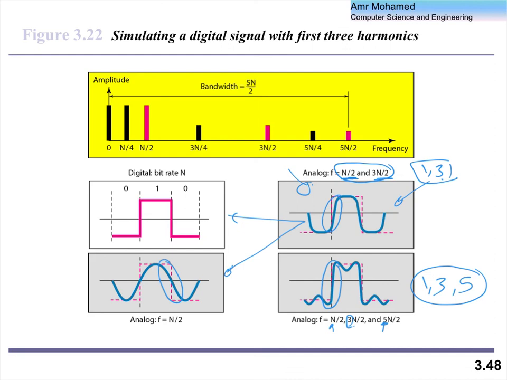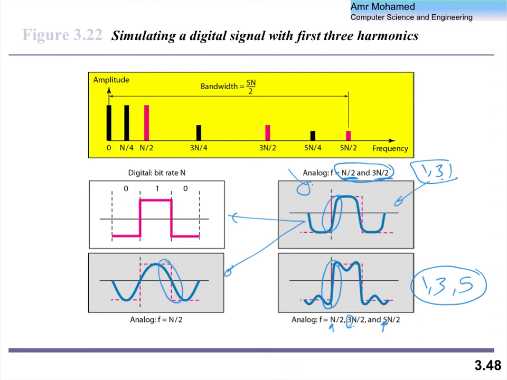If we use three harmonics, the approximation will be more accurate. It's still an approximation, but it's more accurate. Is that clear, guys? So we can use either one single sine wave, or two sine waves, which is the first harmonic and the third harmonic, or three sine waves, which is the 1st, 3rd, and 5th harmonic.